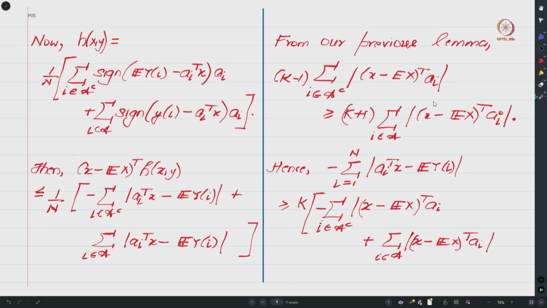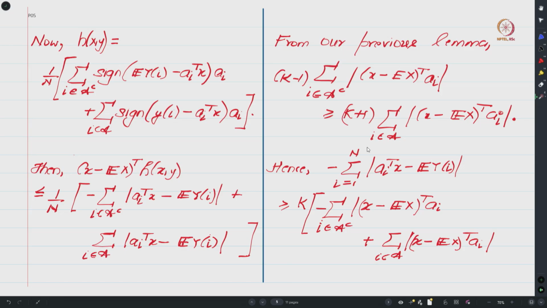And sorry, I should be careful, this term will appear on the right hand side. So towards getting the term on the right hand side, the k times this expression we move towards the right hand side, and you can see that this expression mirrors what you have over here, right. And this minus 1 led to this expression, and you can see that there is a plus 1 with this expression with i in A.